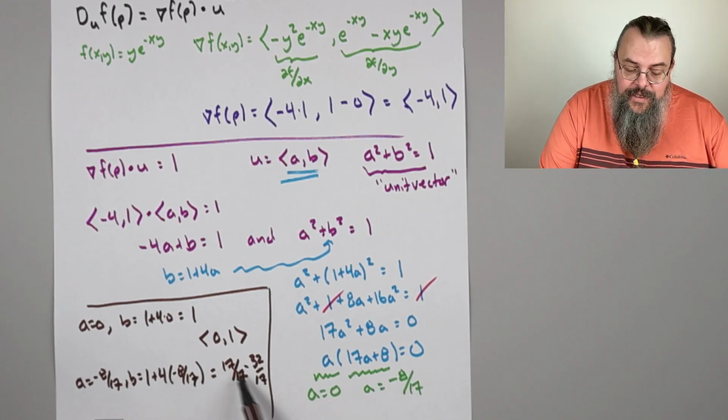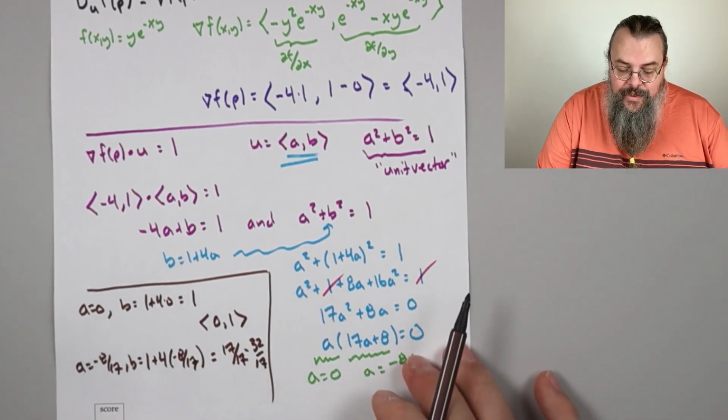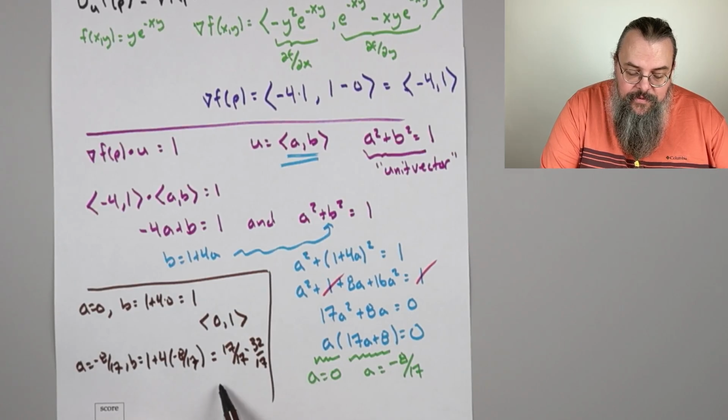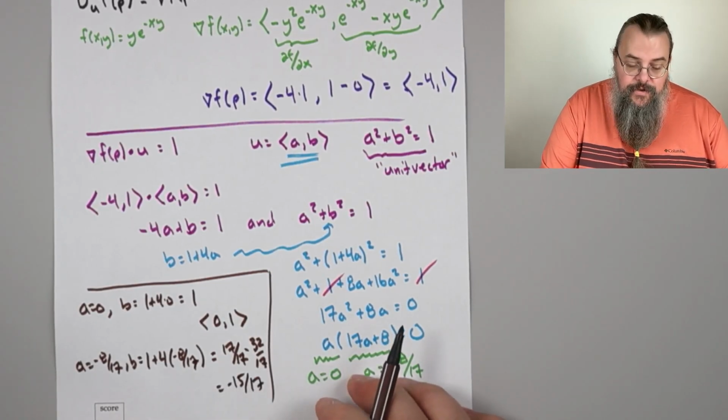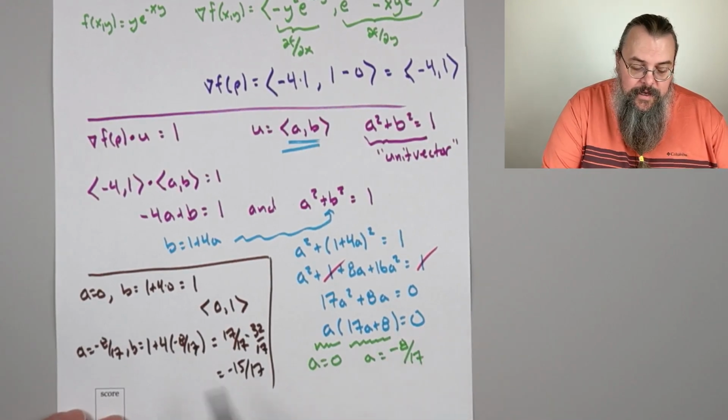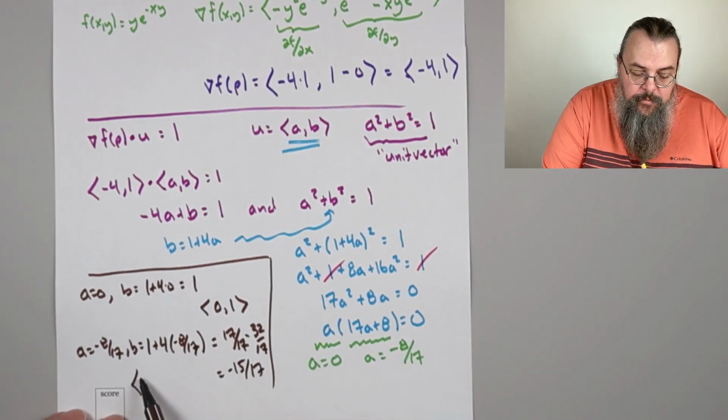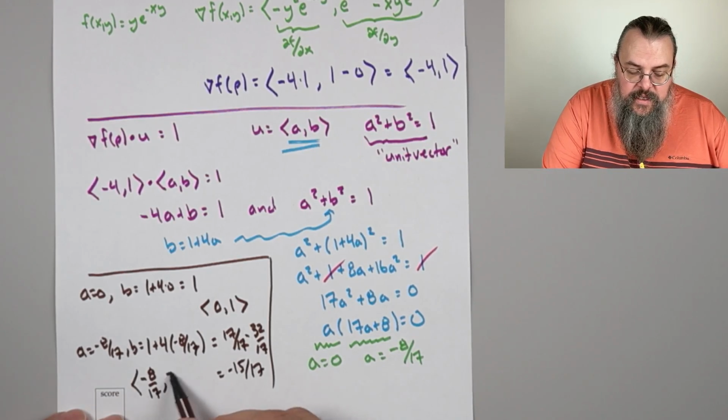Well, 17 subtract 32 makes negative 15 over 17. And so our other vector would be minus 8 over 17, comma, negative 15 over 17.